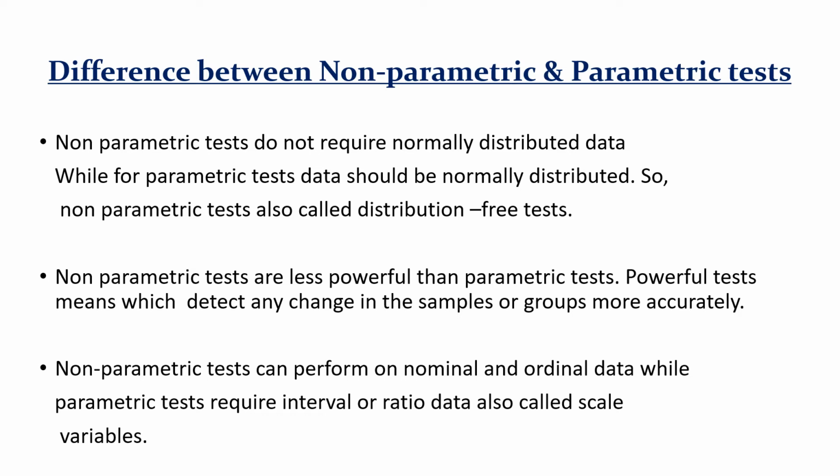Non-parametric tests can perform on nominal and ordinal data, while parametric tests require interval or ratio data, also called scale variables. In some conditions, we have data in nominal or ordinal scale. Nominal scale means when we use numbers only to name the variable or to name the subject's performance.